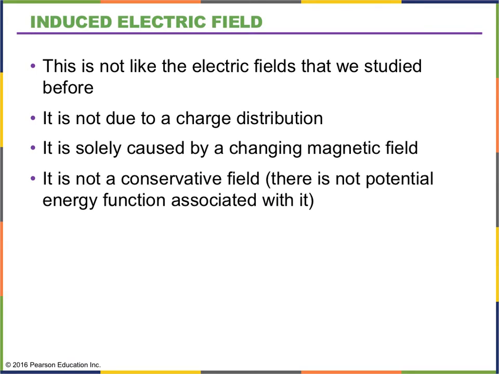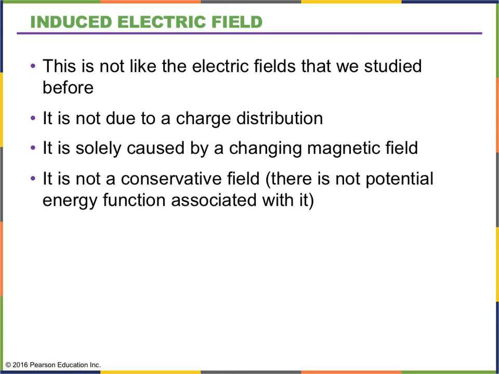This is not your beginning of the spring semester electric field that we spent a lot of time on. It is not due to some sort of charge distribution, so it's not like the electric field we looked at in Gauss's law. This electric field is caused by a changing magnetic field, and that's important to remember, that it's one way that we can create an electric field.